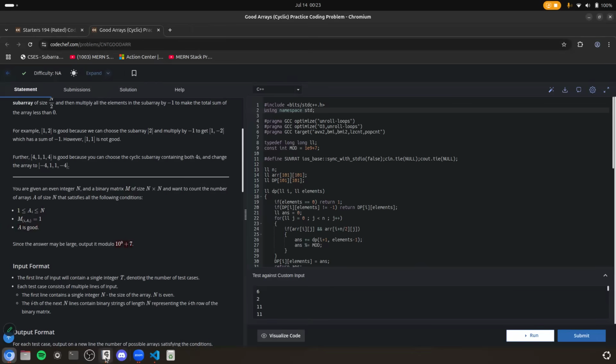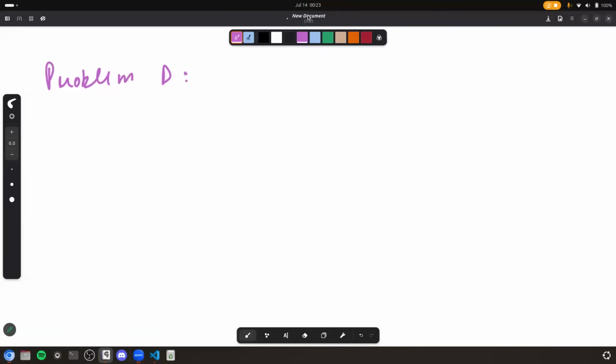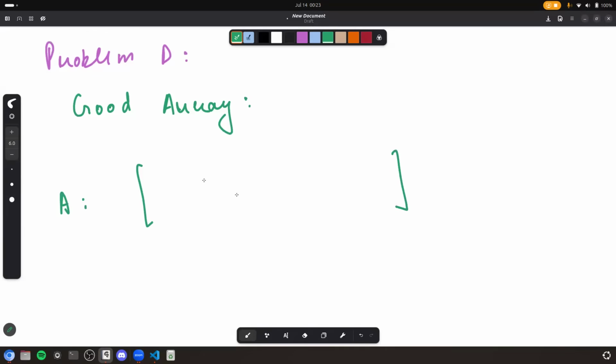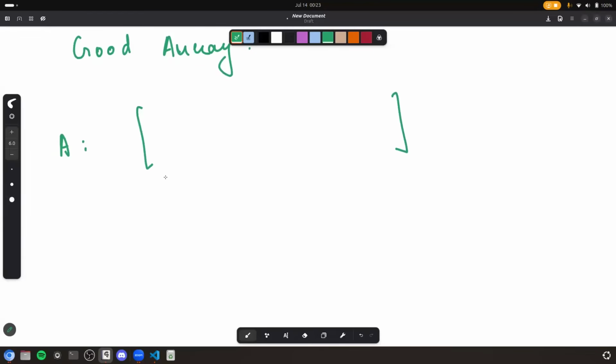Let me explain the question. Basically, first in the question, we have the definition of a good array. So let's understand what is a good array. Any given array A would be a good array if I can choose a cyclic subarray of size n by 2. What is a cyclic subarray? Let's say this array A has size n.